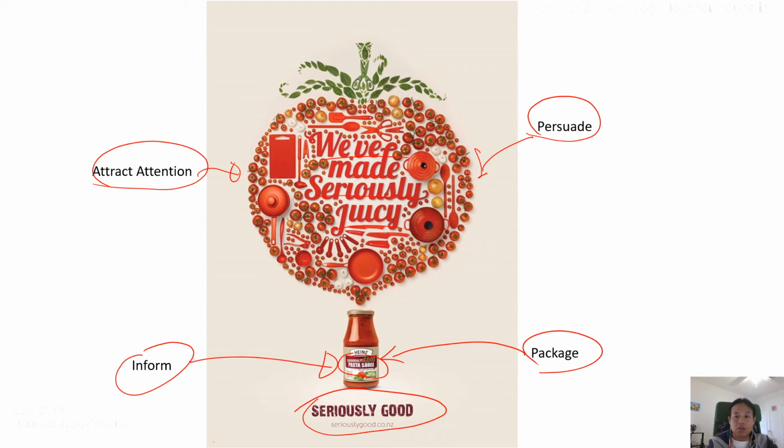In general, most advertisements focus on attracting attention and persuading us, but they should also inform, such as that it is very tasty or very convenient. They should also have a package. This is an example of advertisement.